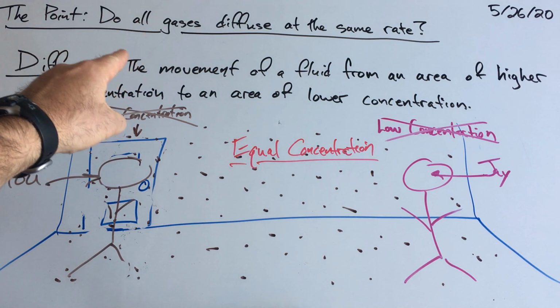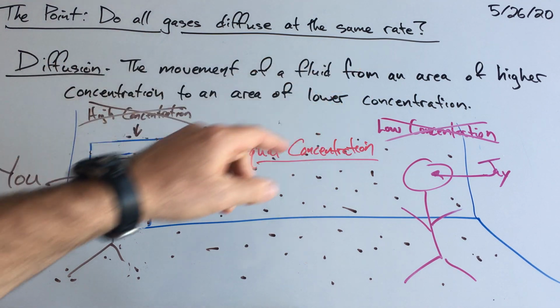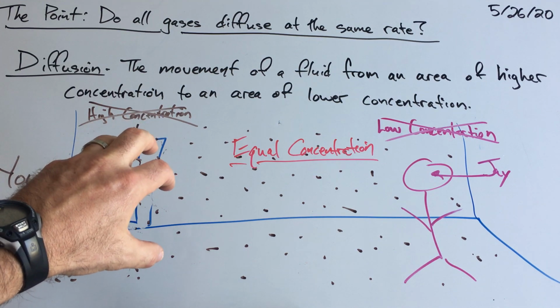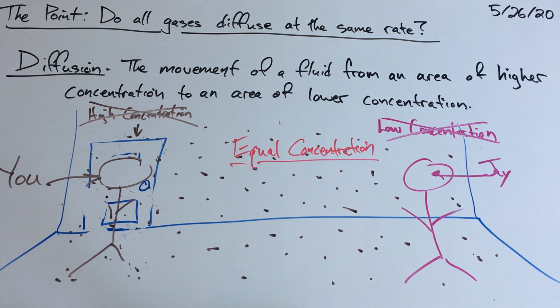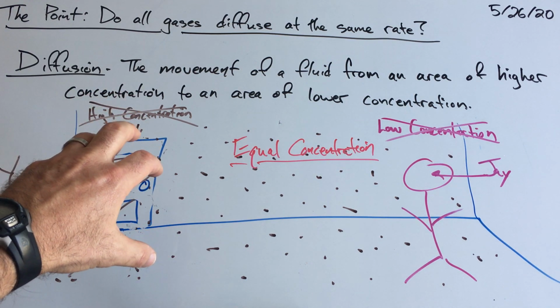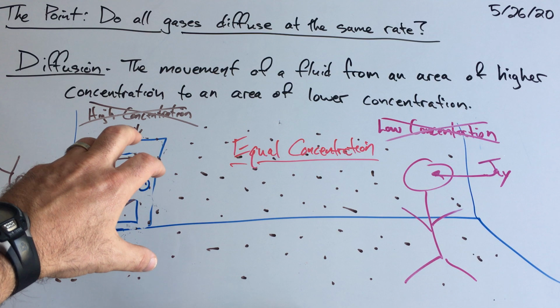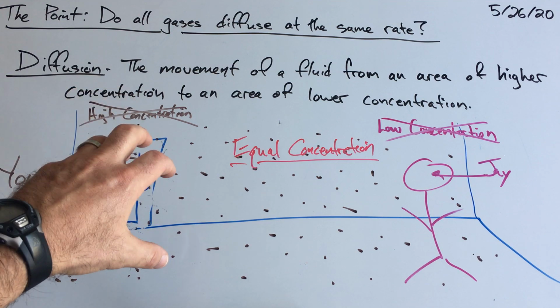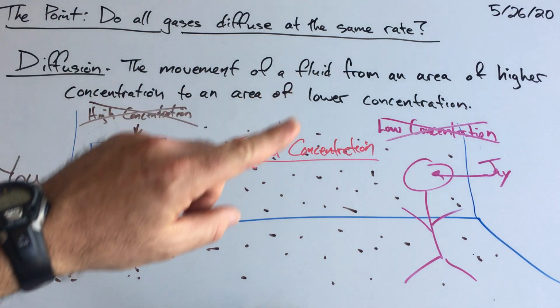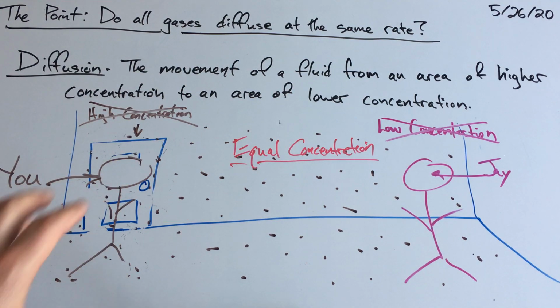Now, do they all diffuse at the same rate? So this person came in wearing terrible Axe body spray. Well, the Axe body spray I wear is not terrible. Nope, it's all terrible. There you go. So what if this person came in wearing terrible, expensive perfume? That has also happened in my class and on airplane rides and other places.